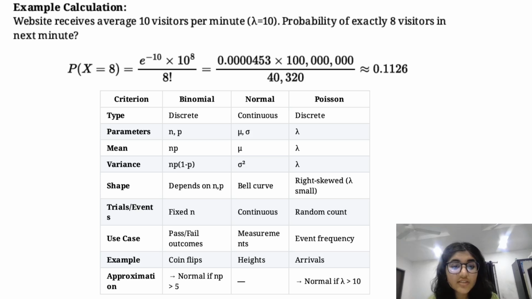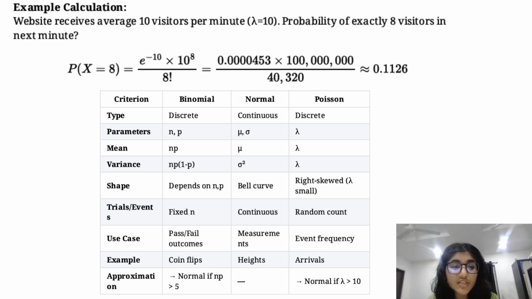Then for trials or events, in binomial we have fixed, in normal we have continuous, and in Poisson we have a random count. Then the use case: in binomial we have pass or fail outcomes, in normal we have measurements, and in Poisson we have event frequency. For example, in binomial we have a coin flip, in normal we have heights, and in Poisson we have arrivals.